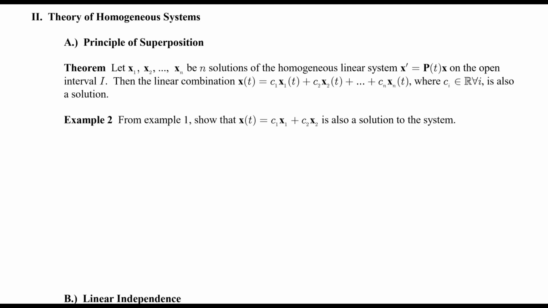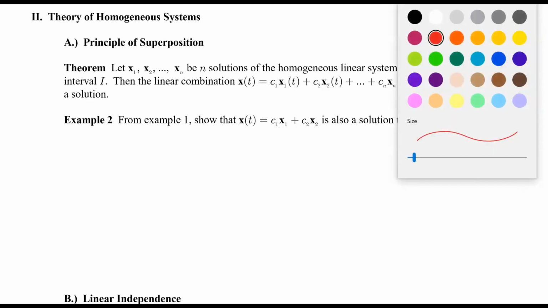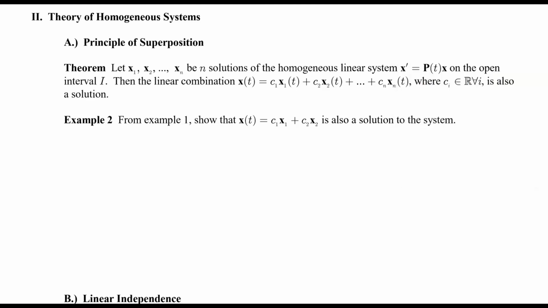Theorem: let x sub 1, x sub 2, up to x sub n be n solutions of the homogeneous linear system x prime equals P of t times x on the open interval I. So I have n different solutions of my linear system, and each of these is an n by 1 column vector, an n by 1 matrix. You hear that in Calculus 3 as column vectors. That means the same thing. It's just a matrix with one column. So these are n by 1 matrices, and we have n different solutions.